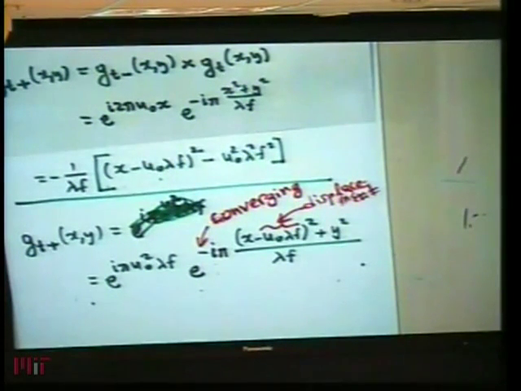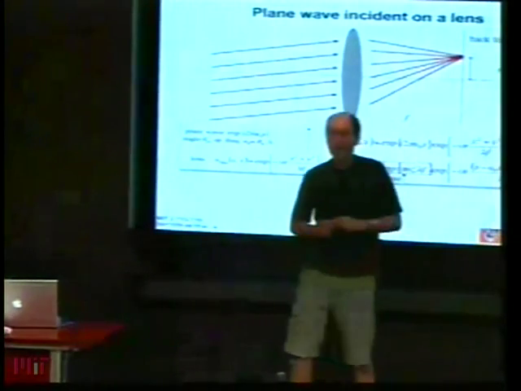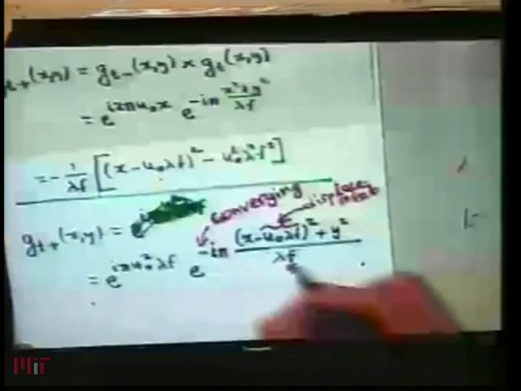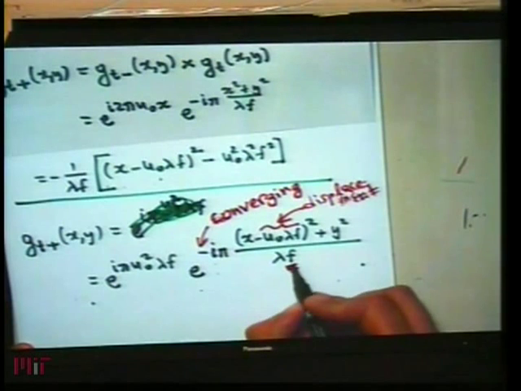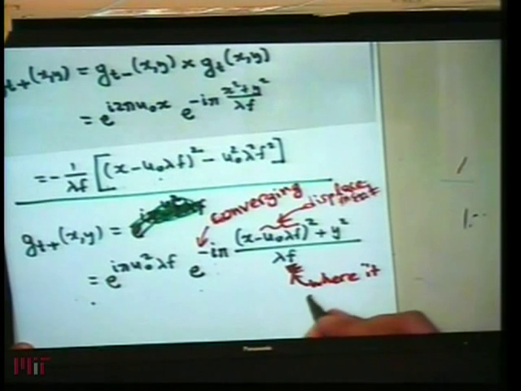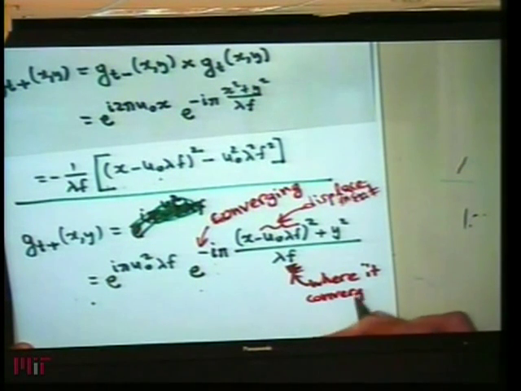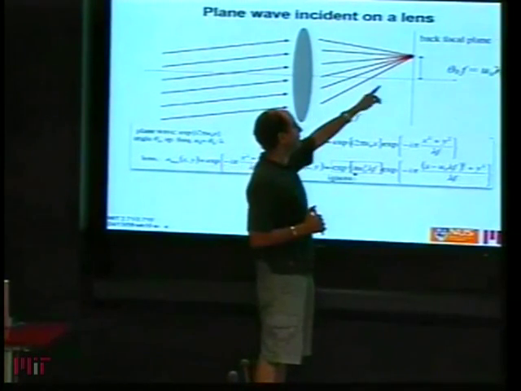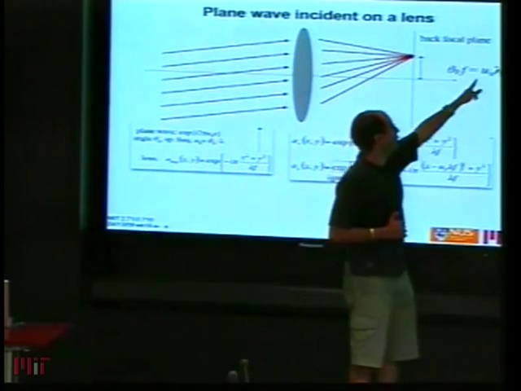Okay, so basically this is what I got. I got a spherical wave which converges. Oh, and where does it converge? Well, the distance that the spherical wave converges is what multiplies the wavelength in the denominator, so this is where it converges. So this is basically what you see here. The spherical wave after the lens converges to a distance u naught lambda f.